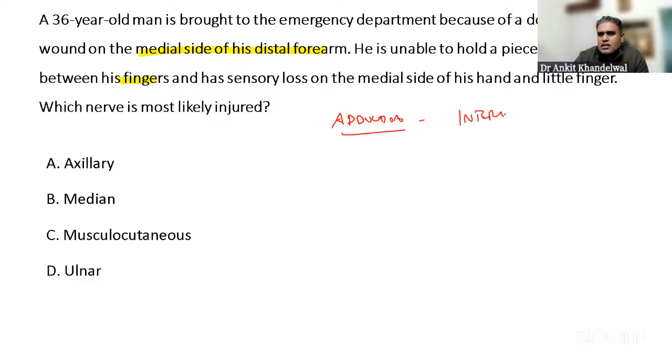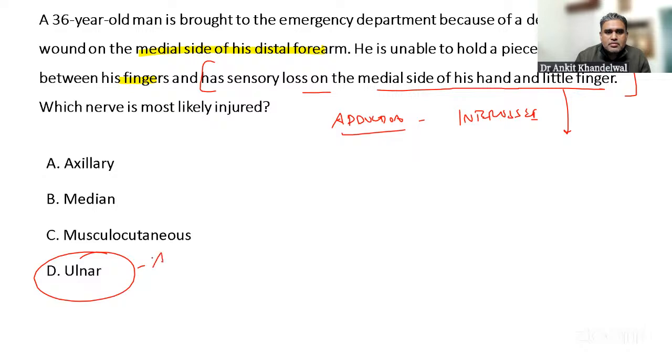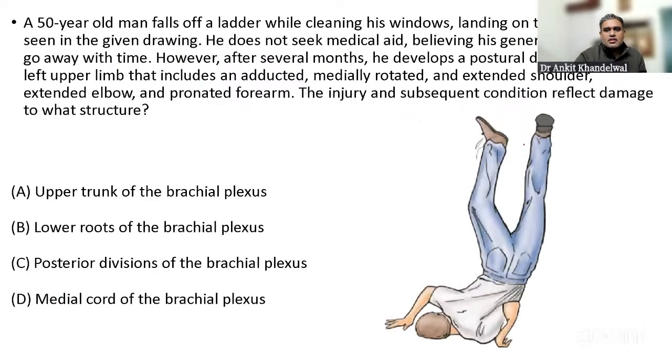That is something in the hand, interossei. Sensory loss on the medial side of the hand and little finger. Which nerve? If we only take this point, ulnar nerve should be the answer. Simple as that. And the interossei are also supplied by the ulnar nerve. That confirms the answer.